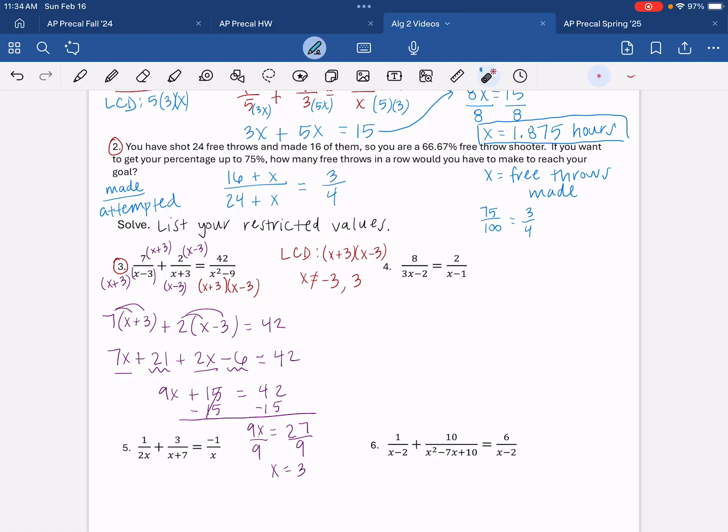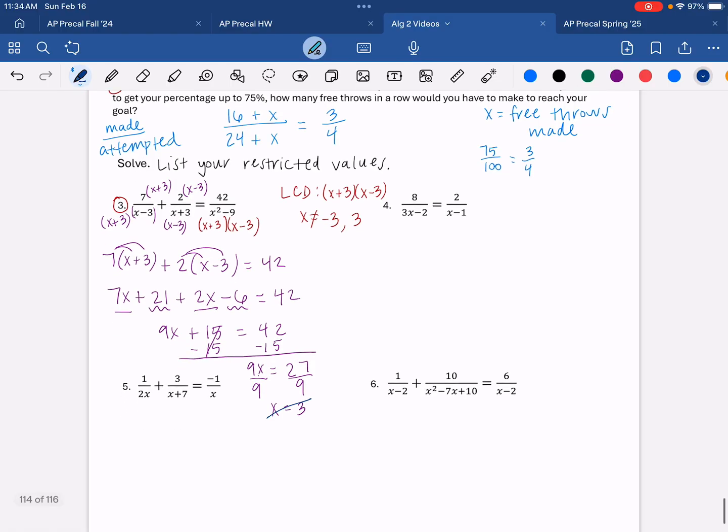Before you box it, always go back and check, was it a restricted value, your solution? And here it is. We know that x cannot be 3 because if I went and plugged it in, it would give me 7 divided by 0. So I'm going to cross this out and say that there's actually no solution, which you can do with a symbol or with words. And you don't have to list a reason.